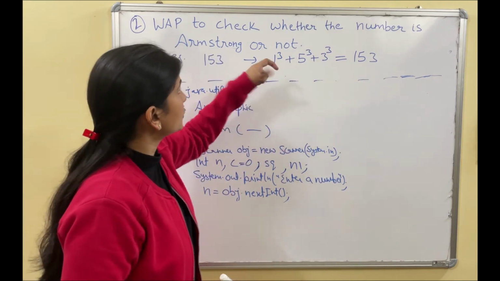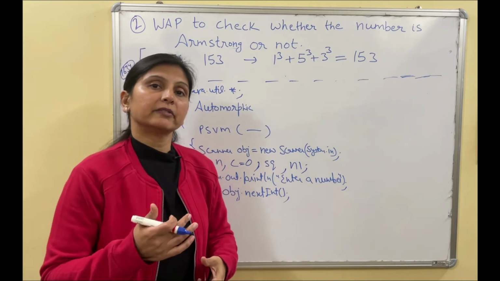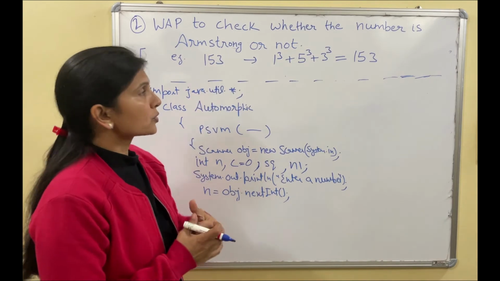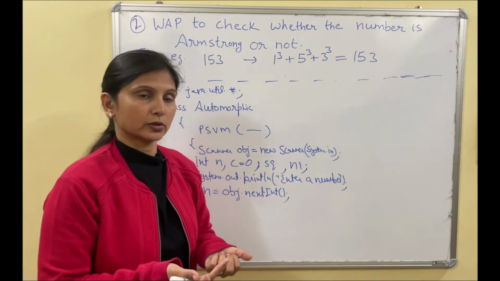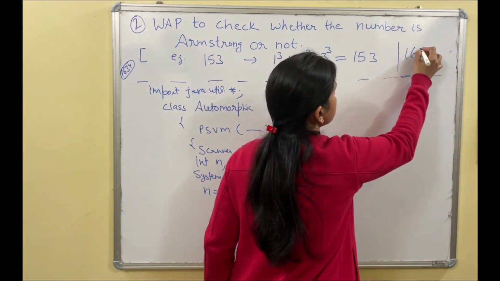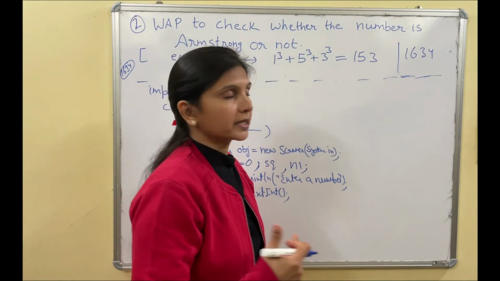Fine. So usually this example is given and we consider that the number will be a 3-digit number only. But actually for an Armstrong number, it is not necessary that it is a 3-digit number. It can be a 4-digit number also, like 1634. So how many digits are there in this number? 4 digits.